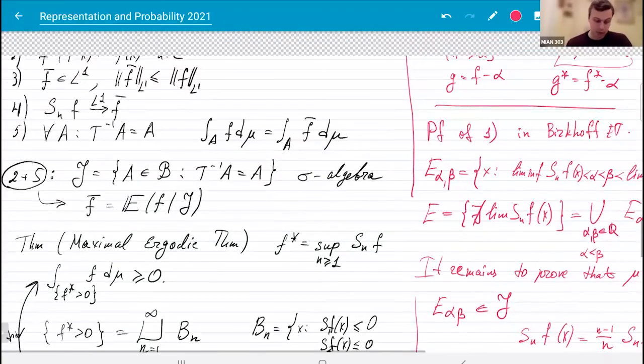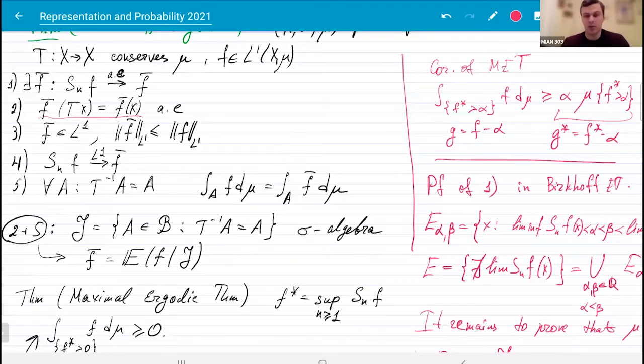And for example, item 2 is again the same argument that for the ergodic average for SNF, this is almost true, and therefore in the limit it became completely true.